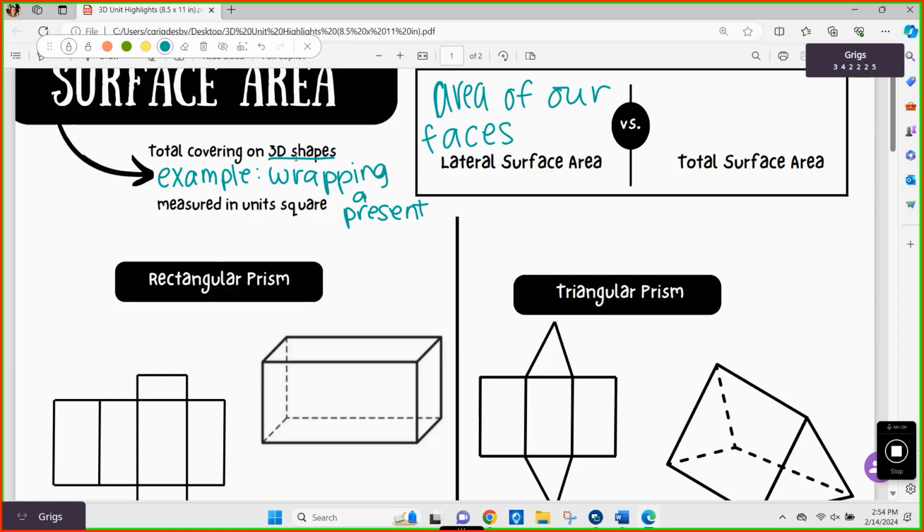So the whole shape. Well, a base is a face, but a face isn't a base.